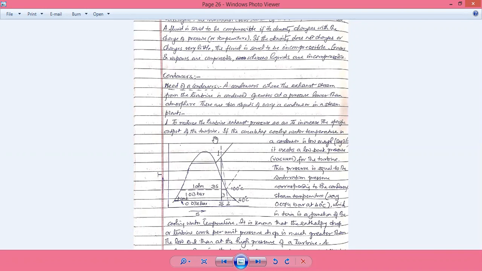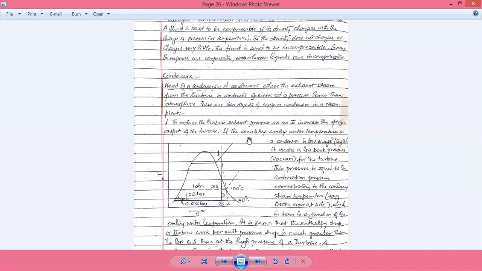If we convert the whole pressure energy into velocity or kinetic energy, it will give more output work from the turbine, which will increase the efficiency of the turbine itself.